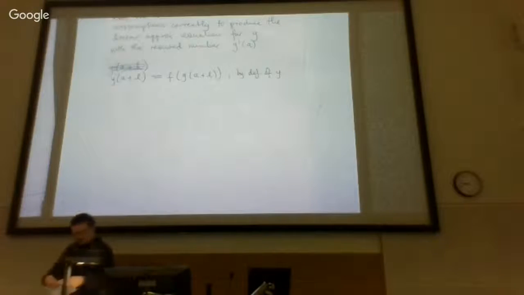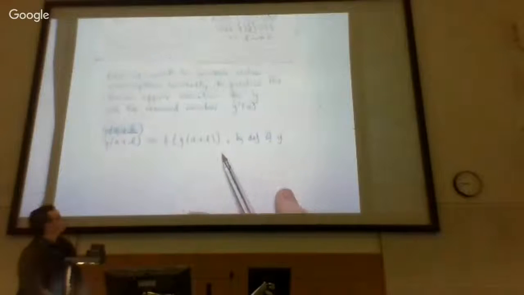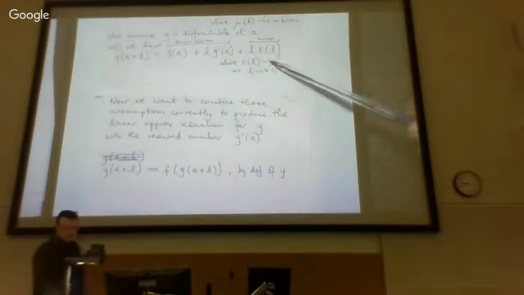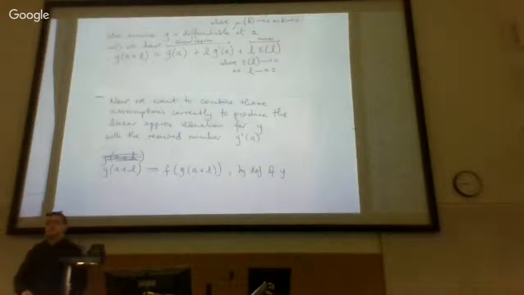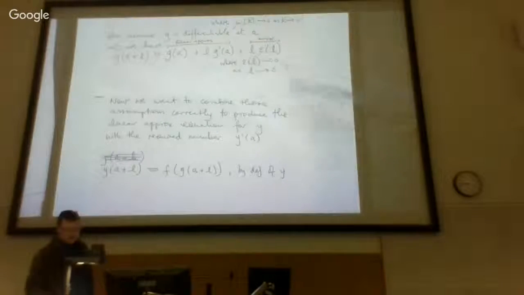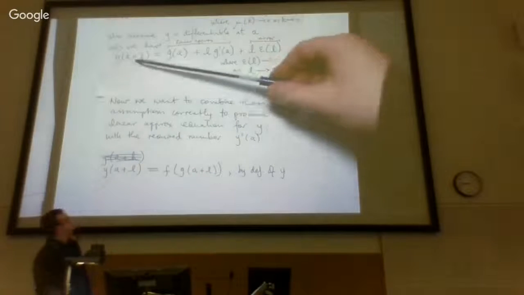I've got f of g of a plus l. But on the previous sheet, I've just gone to an awful lot of trouble to construct this expression here for g of a plus l. So I should immediately use it. This equation is saying that g is differentiable, and it gives you this linear approximation equation for g of a plus l.